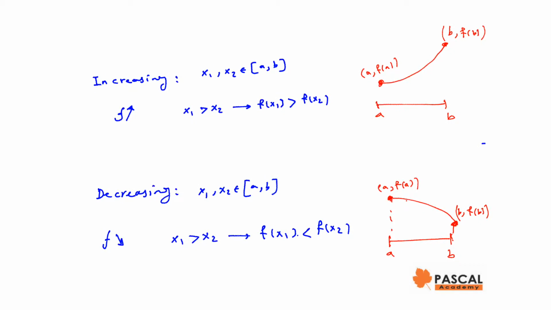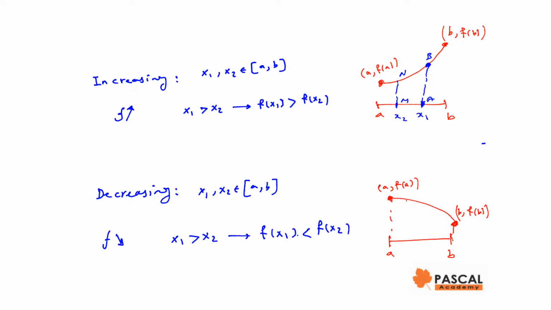Let's look at the geometric meaning of this definition. On interval AB, we choose two numbers, x1 and x2, x1 bigger than x2. If f of x1 is bigger than f of x2, then function is increasing.